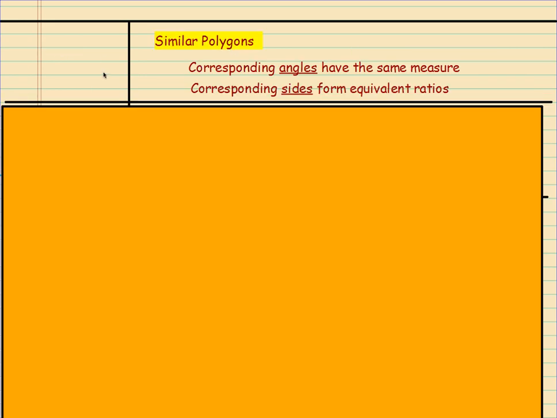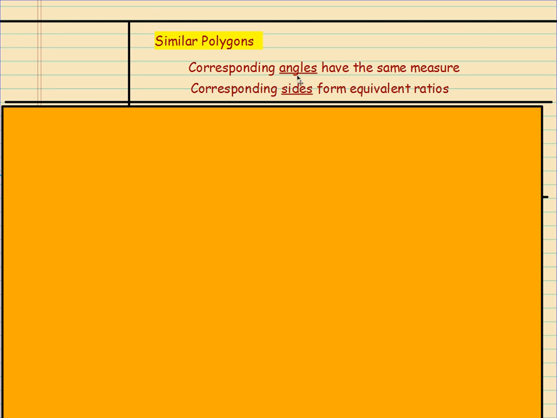Next page. Okay, so there are a couple things that are really interesting about similar polygons, and I listed them here. Corresponding angles have the same measure, and corresponding sides form equivalent ratios. Now let's first look at this one. Corresponding angles, excuse me, have the same measure.